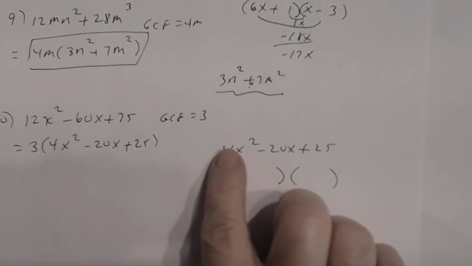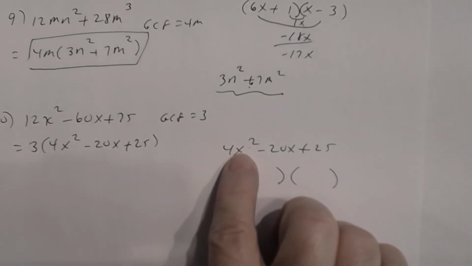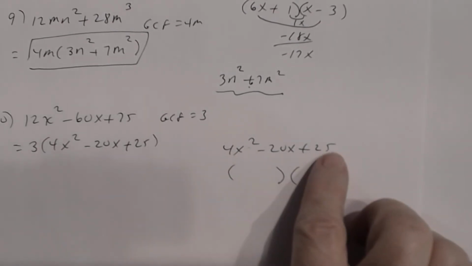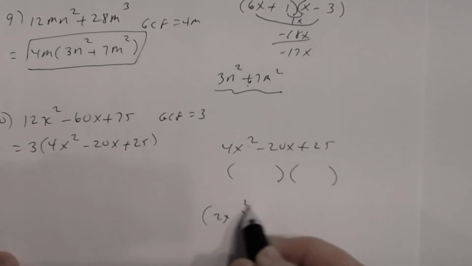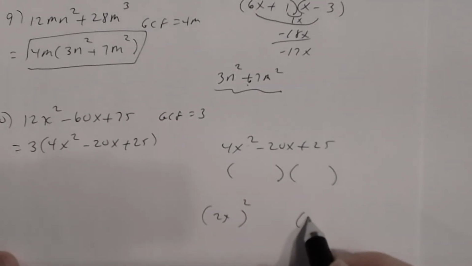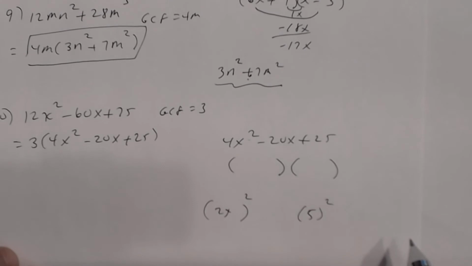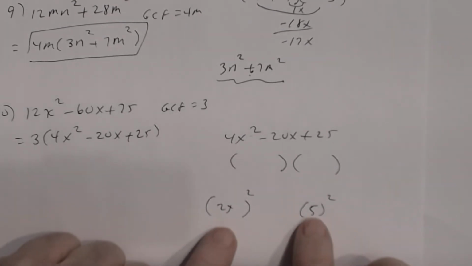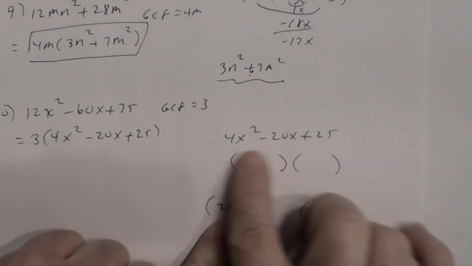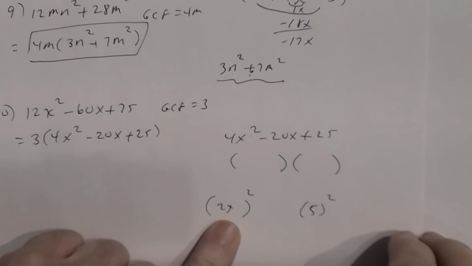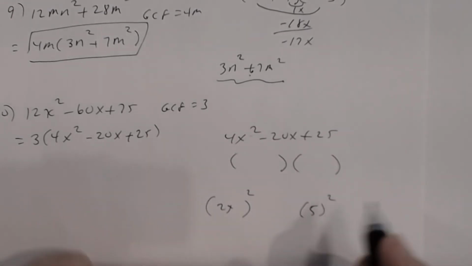Notice that 4x squared I can write as an expression squared, and so is 25. That 4x squared is 2x to the second power, and that 25 is 5 to the second power. Then all you do is multiply these two together. 2x times 5 is 10x, and then double it, you get this middle term. So is this a perfect square trinomial? Yes, it is.